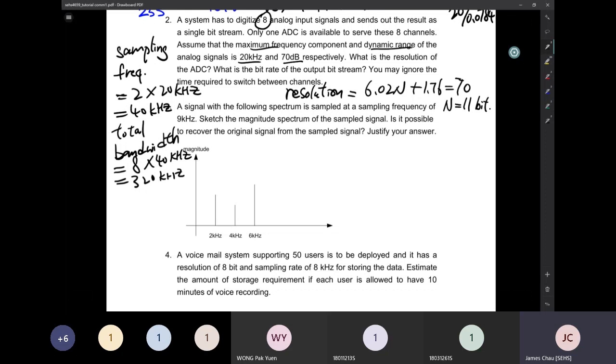Okay. And now you know that the resolution is around 11 bit.